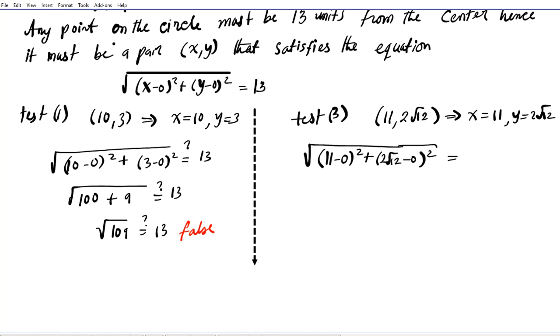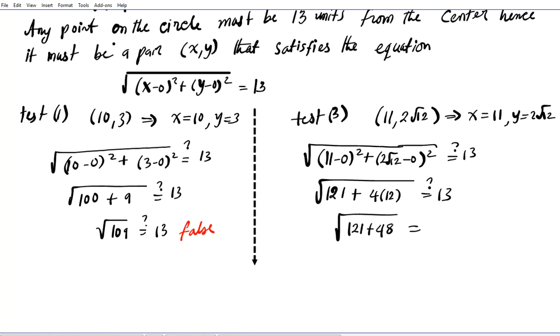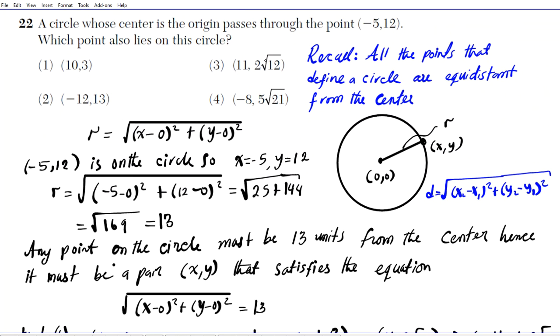Is it equal to 13? Let's simplify. 11 squared is just 121 plus 2 root 12 squared is 4 times 12. Simplify this, we get root of 121 plus 48. If you add this together, you get 169. Is root 169 equal to 13? Absolutely. So our answer is option number 3.